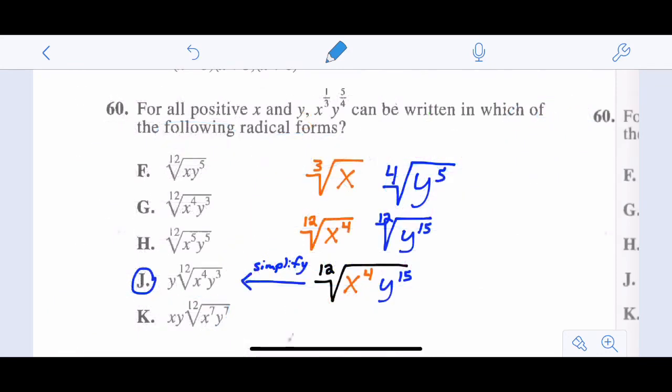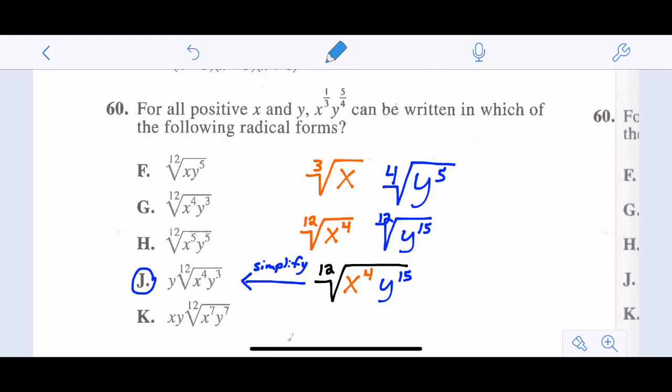Okay, for number 60, I went ahead and wrote out how to do it just because there's a lot to write out. It's just a lot to take in for number 60. For all positive x and y, x to the 1/3 and y to the 5/4 can be written which of the following ways? If you know your radical rules, you know x to the 1/3 becomes the cube root of x, and y to the 5/4 becomes the fourth root of y to the 5th.